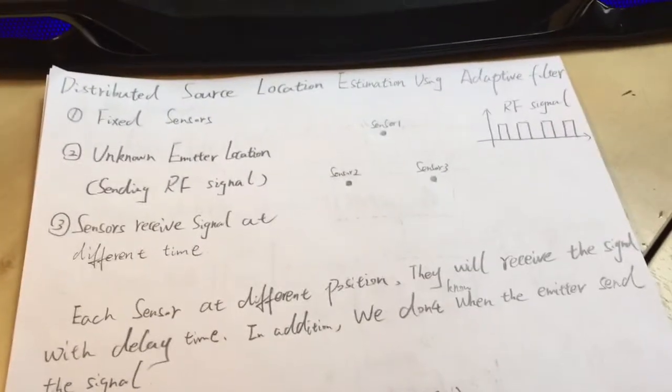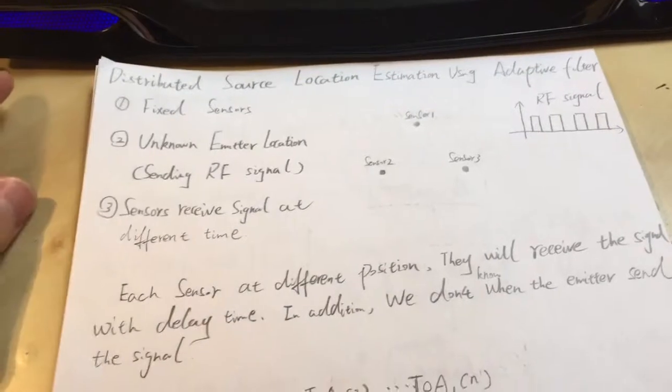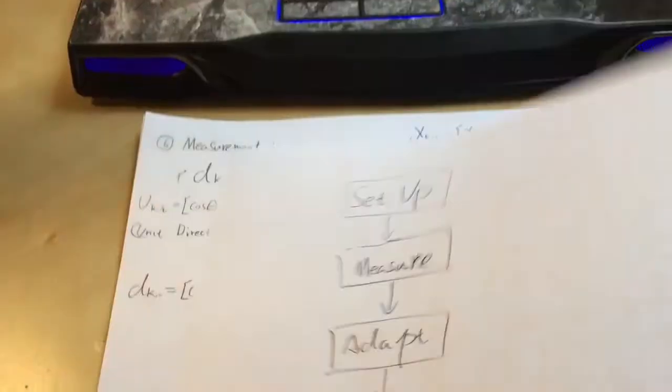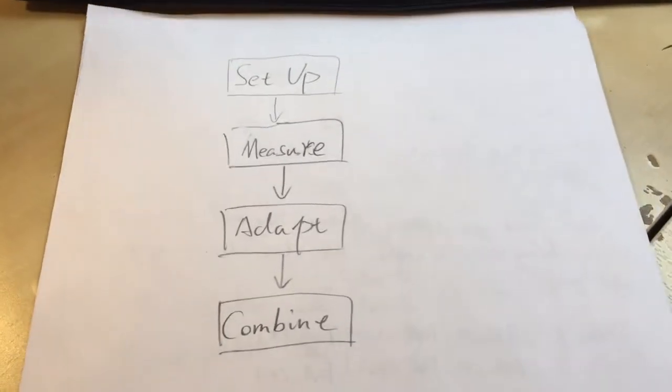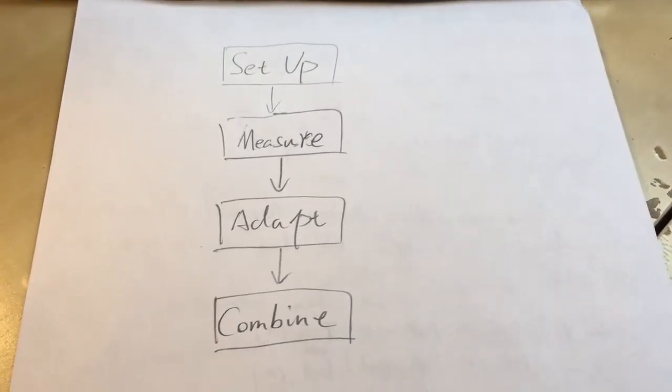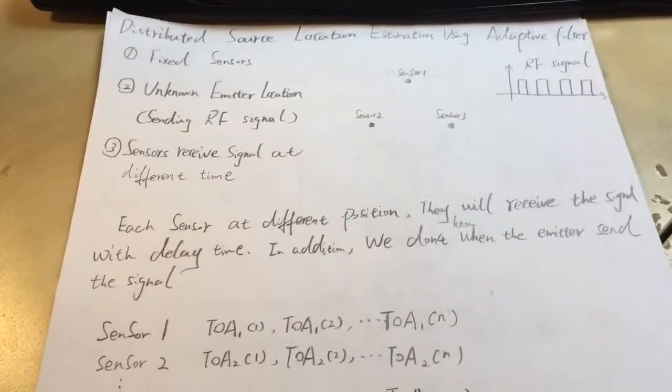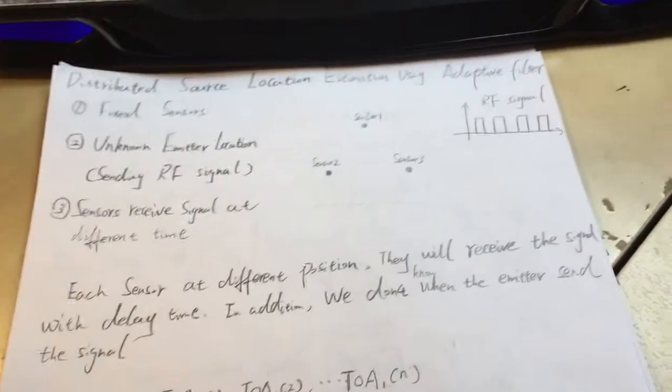For Milestone 3, I will present three major parts: the setup, the measure, the adapt, then the combine. I know it will confuse you, but I will explain it in detail step by step.